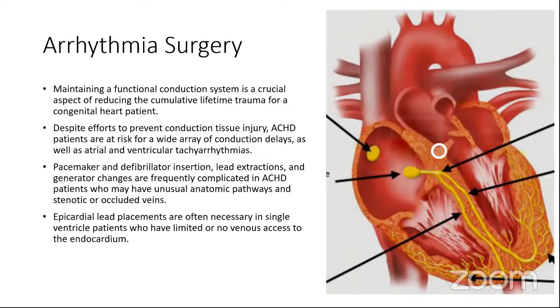Pacemaker and defibrillator insertions, lead extractions, and generator changes are frequently complicated in adult congenital heart disease patients who may have unusual anatomic pathways and stenotic or occluded veins. Epicardial lead placements are often necessary in single ventricle patients who have limited or no venous access to the endocardium.